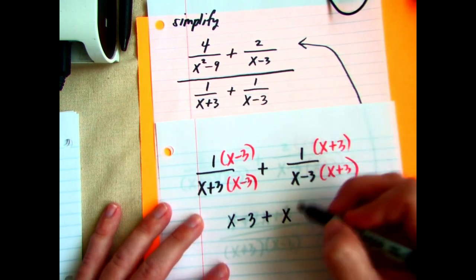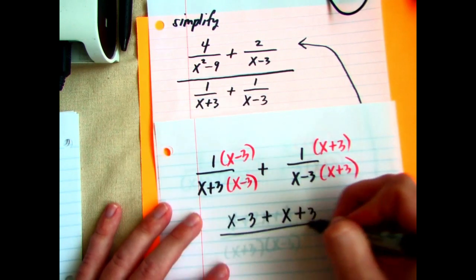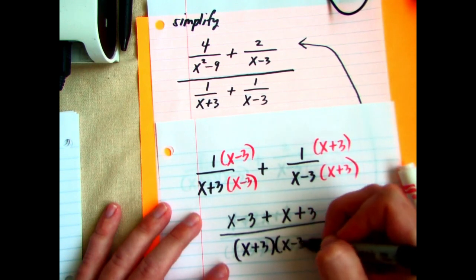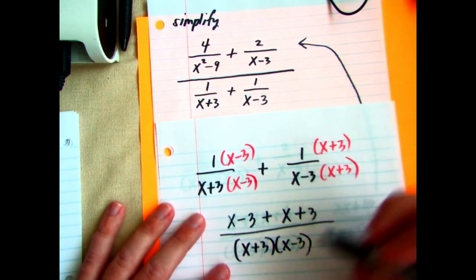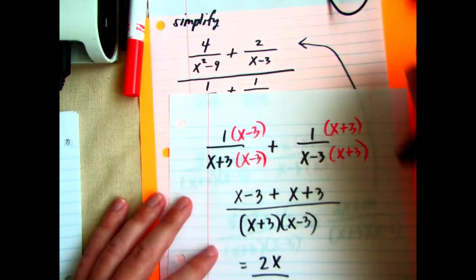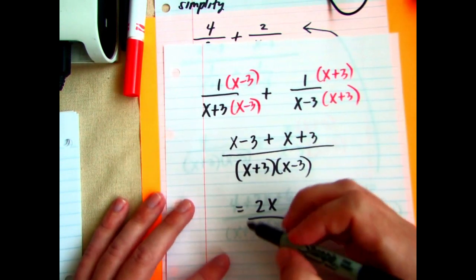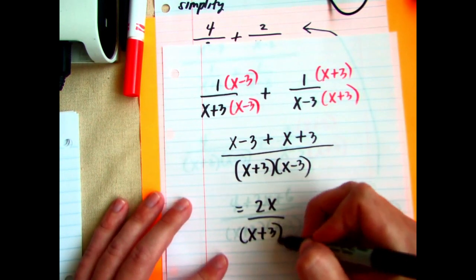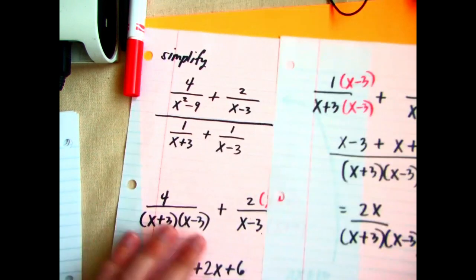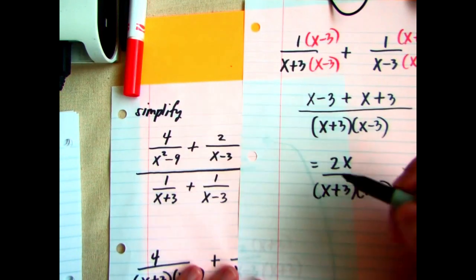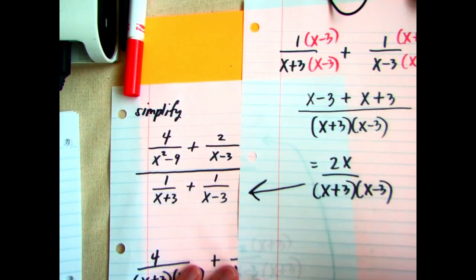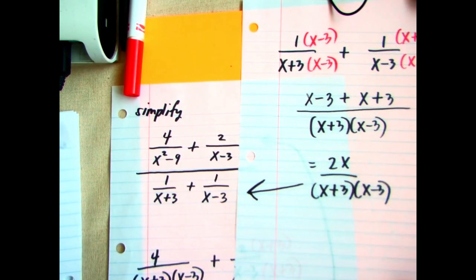So I got x minus 3 plus x plus 3 all over x plus 3 times x minus 3. So combining like terms, that's 2x over x plus 3 times x minus 3. So that's going to be my new denominator. That's going to go in place of my denominator.